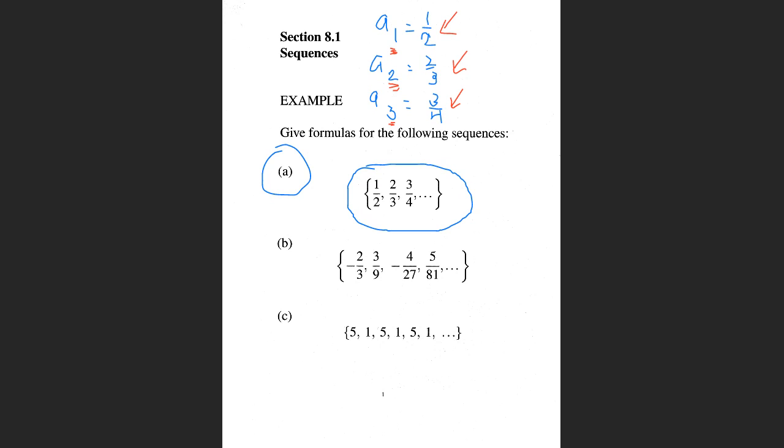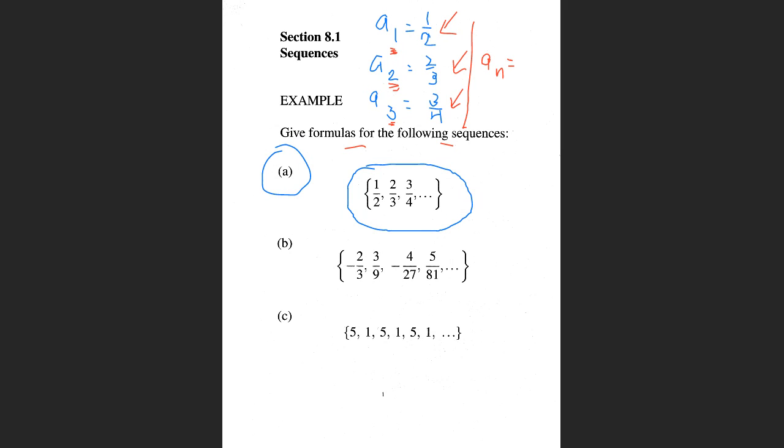Because what we want when they say give formulas for the following sequences is the formula for the nth term in the sequence. What do you think it would be here? Samuel?